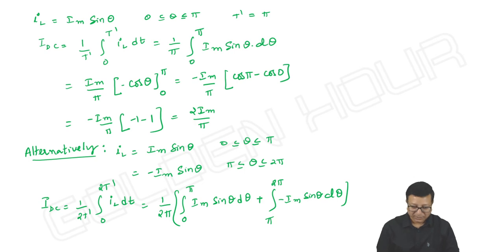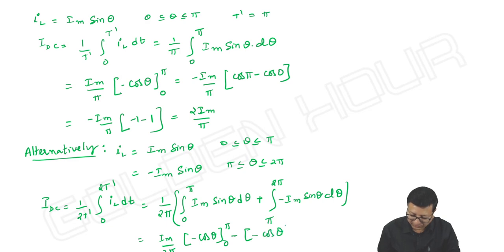That's it. Further, I can take Im outside, Im by 2 pi, and the integral of sin theta is minus cos theta over the limits 0 to pi. And I am taking this minus sign outside, the integral of sin theta, that is minus cos theta, over the interval pi to 2 pi.